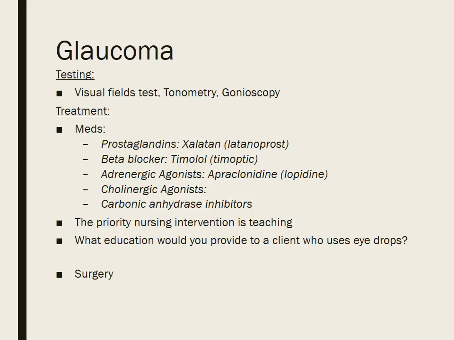If we were doing the confrontation test, this is one where you sit in front of the patient and you ask them to look right into your eyes while you're looking into theirs. You cover your right eye and have the patient cover his or her left eye so that you both have the same visual field. Then you can move your finger or an object from a non-visible area into the patient's line of vision.